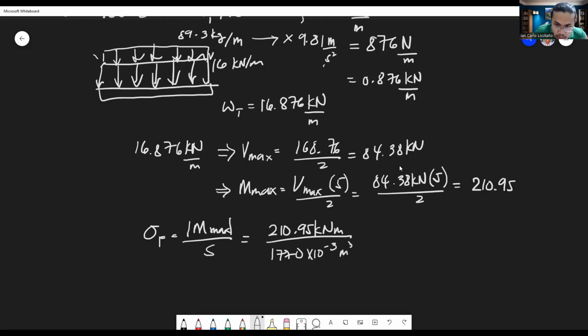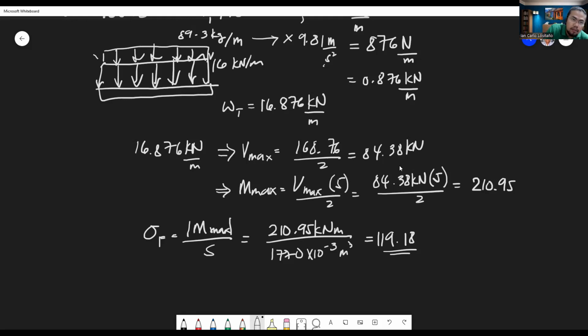We get the cancellation of meters, and we get the value of 119.18. Is it within? Yes, it is.